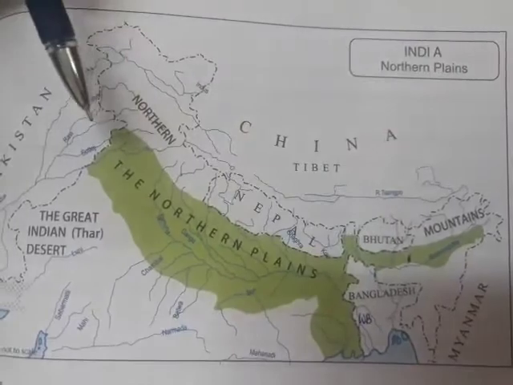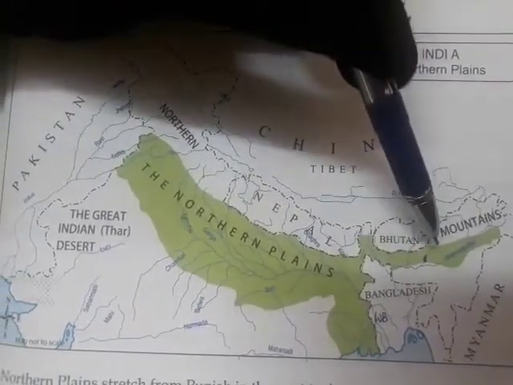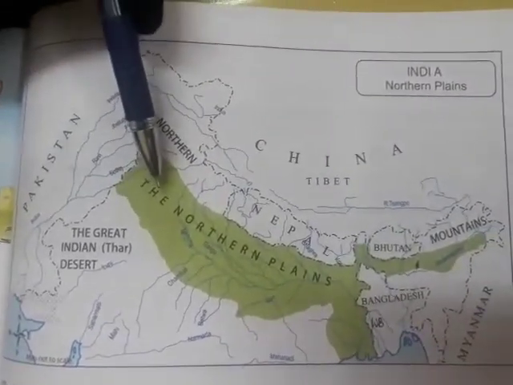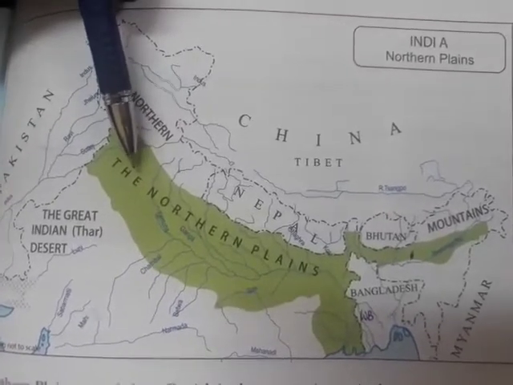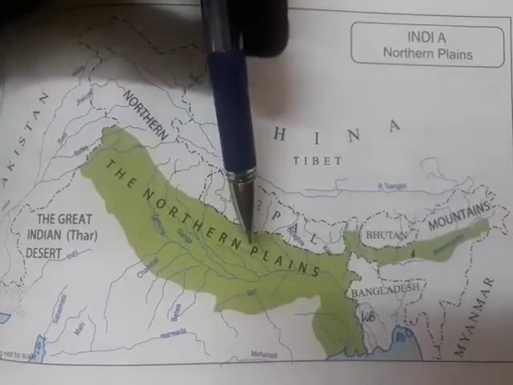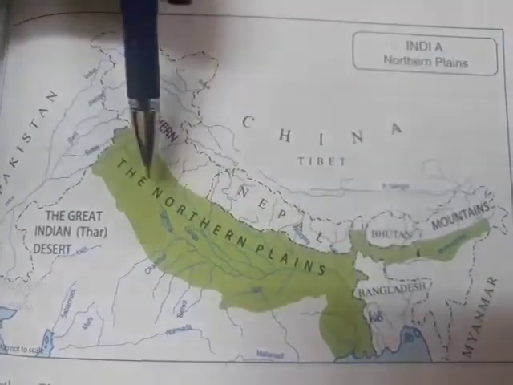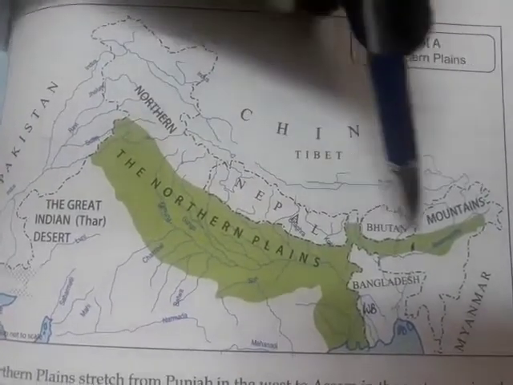In between there are many states which you will come across: Punjab, Haryana, Uttar Pradesh, Bihar and West Bengal. So the northern plains are spread through all these states.